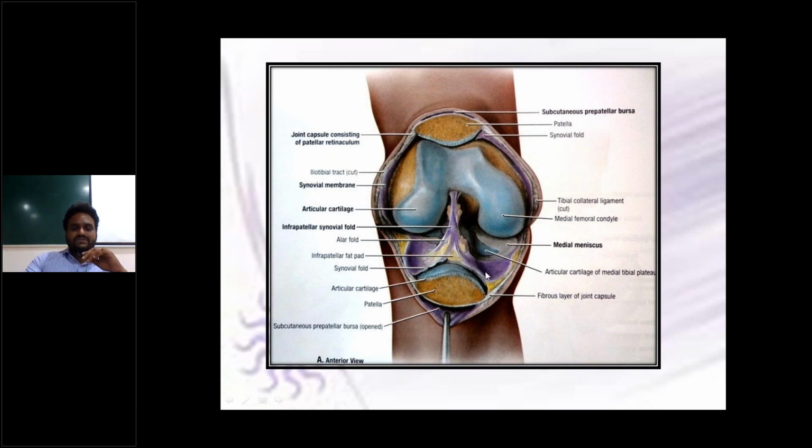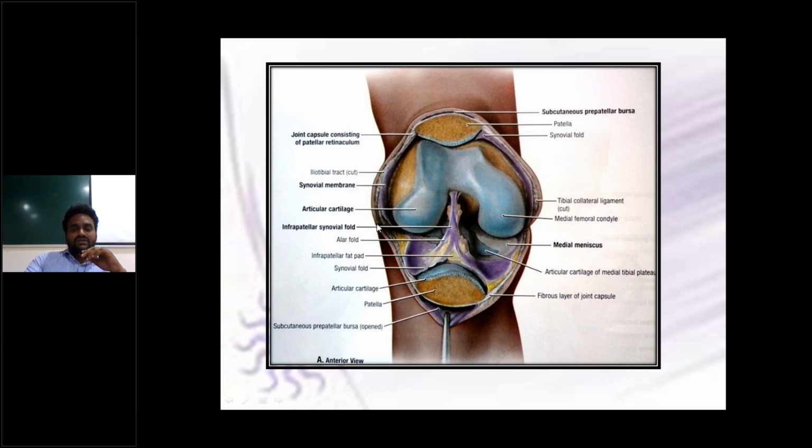But in the case of the knee joint, here you see the synovial membrane enclosing, in the middle, the cruciate ligaments, anterior and posterior cruciate ligament. So the cruciate ligaments are intracapsular but extra synovial, outside the synovial membrane but inside the capsule.